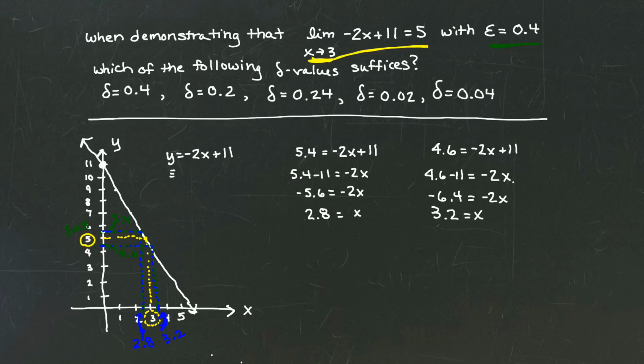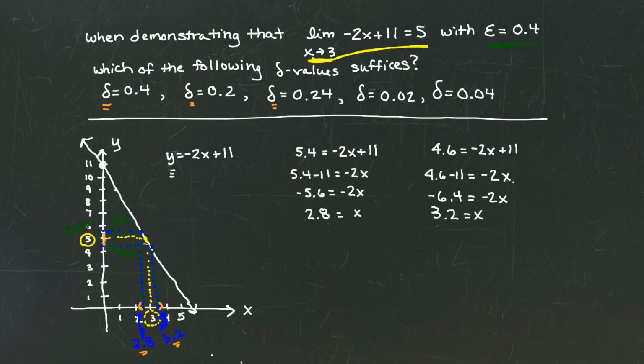And so everything's coming together. Our last step is to calculate the delta. Remember, the delta is that distance along the x-axis such that every value within a delta band around 3 will map within this epsilon band. We can use these two guiding numbers, 2.8 and 3.2, to help us.